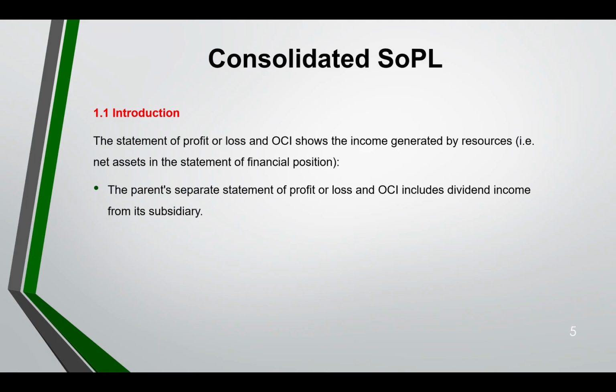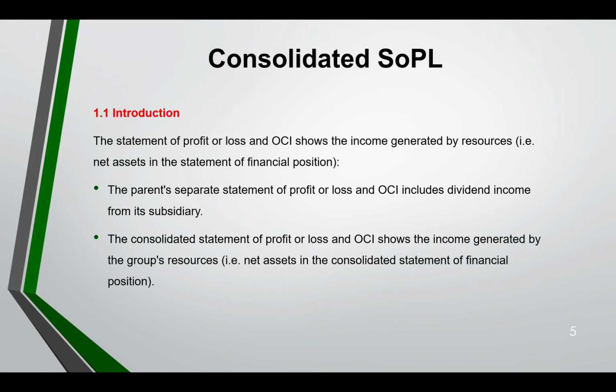If the parent is receiving any kind of dividend from their subsidiary, in the parent's separate financial statement, profit and loss, it will be shown as an income. But in the consolidated statement of profit and loss, that income is the group's income. It will be shown in the net asset in your consolidated statement of financial position. It will not be shown as an income in your profit and loss.